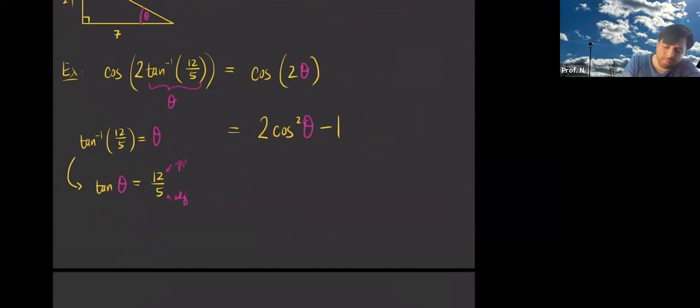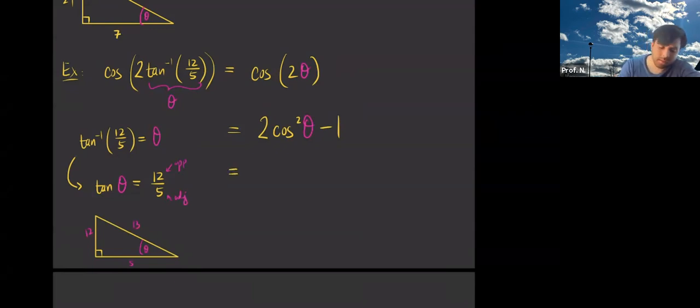Right triangle. Call this theta. What's the opposite side in this triangle? 12. What's the adjacent side? 5. 5, 12, and what's the missing side then? What's the hypotenuse? 13. That's it. You see, now you guys are instinctively saying that. 5, 12, 13. Great.